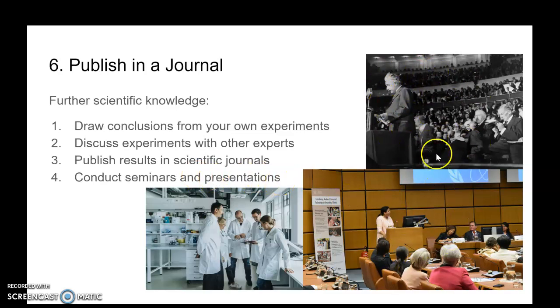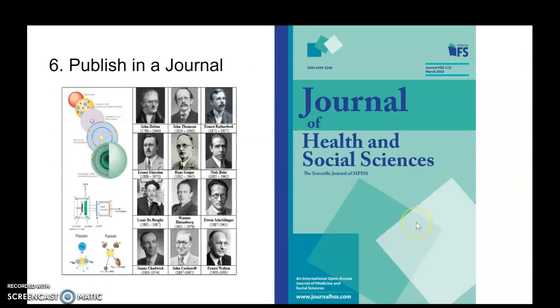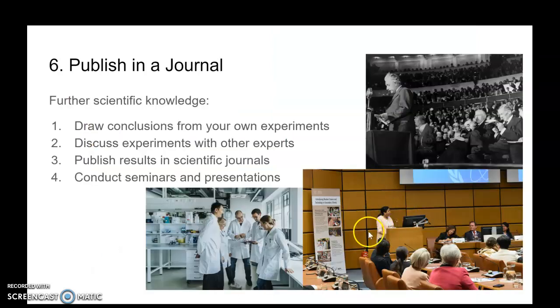Here's Einstein. I don't know if this is a scientific conference or not. Maybe it's a political thing, but nonetheless, scientists go to places like these and disseminate information. Here at the bottom, it's a lady presenting at what seems to be the United Nations or something, because they have a lot of those UN-looking microphones at each seat.